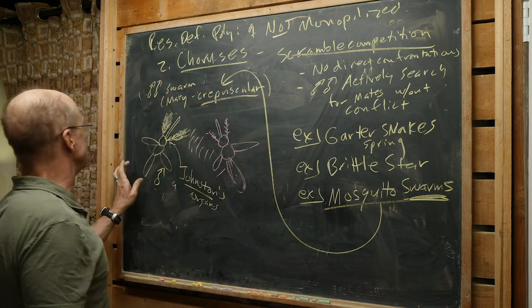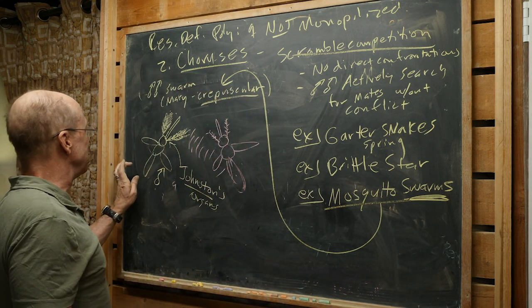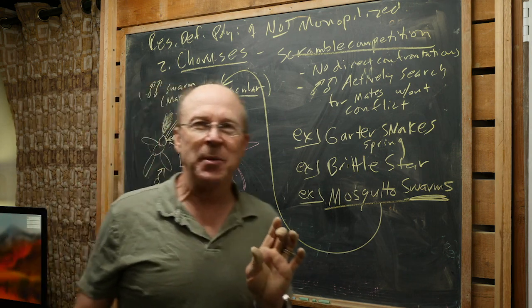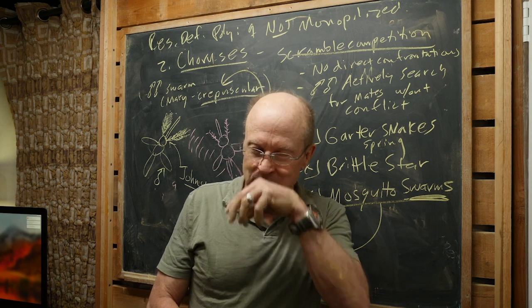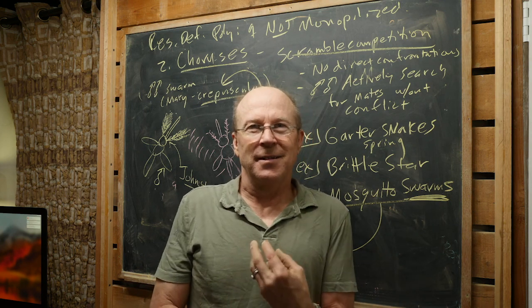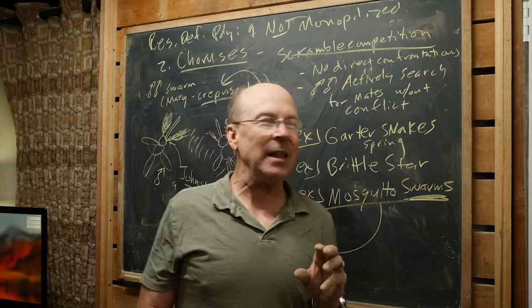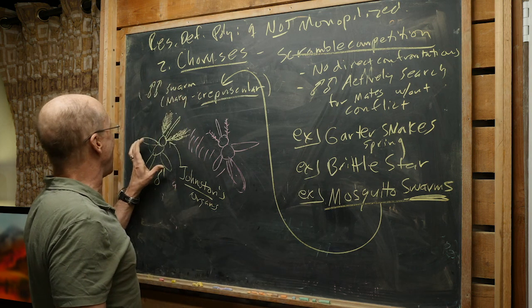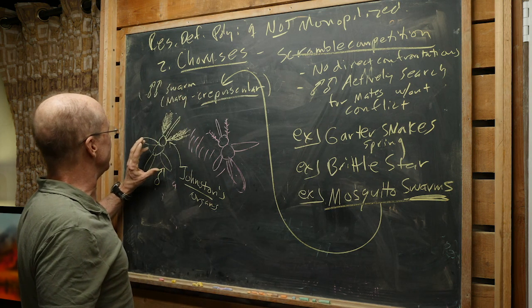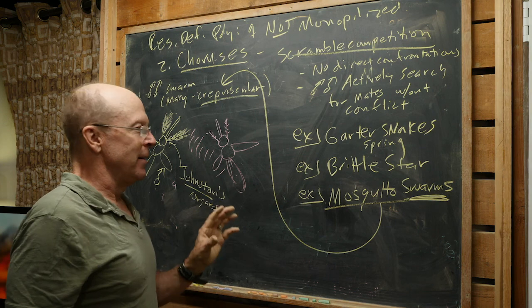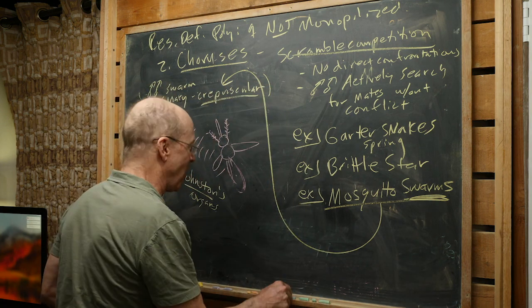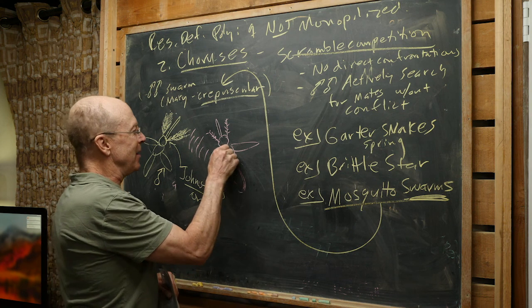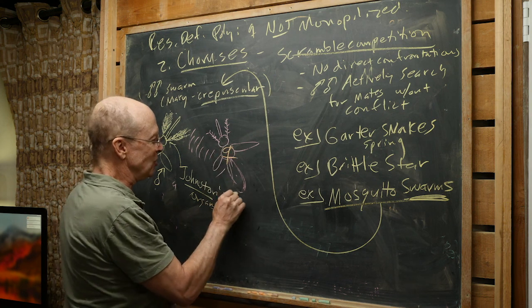They're releasing male mosquitoes, and these mosquitoes have been rendered sterile from a bacterium called Wolbachia. And so these guys will actually mate with a female, and this is the point I'm trying to make, this female right here, she's monogamous.